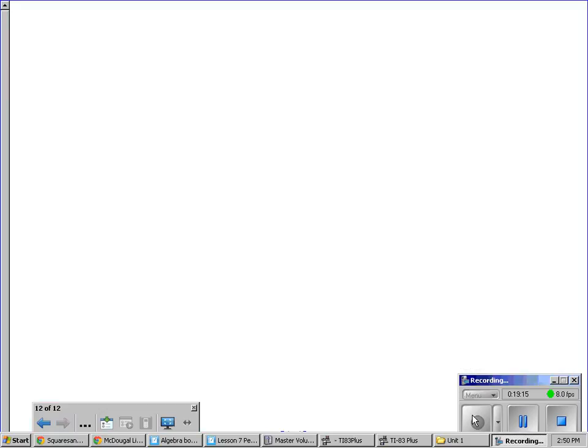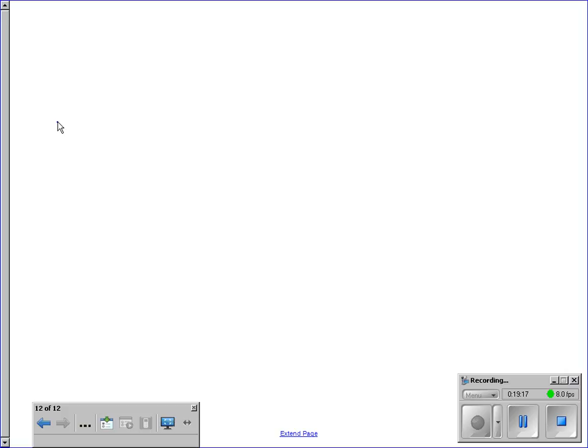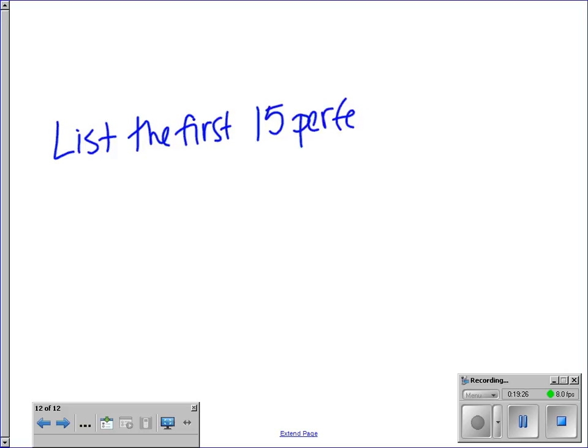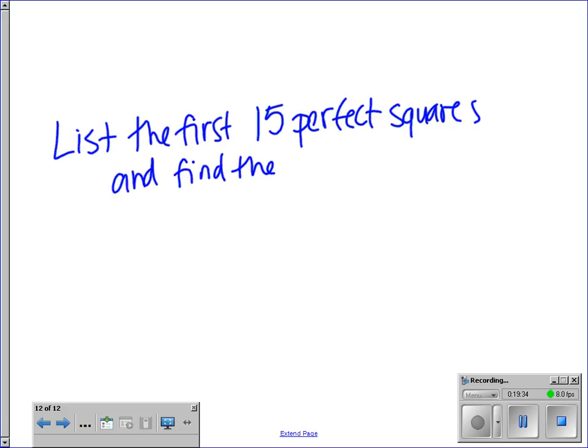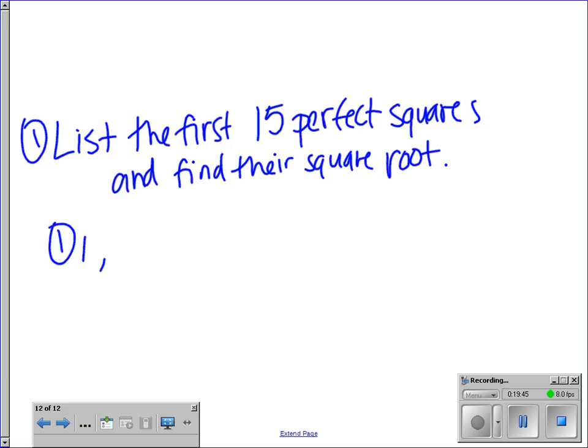Okay, your homework for tonight is two parts. The first part is to list the first 15 perfect squares and find their square root. So the first perfect square is 1.